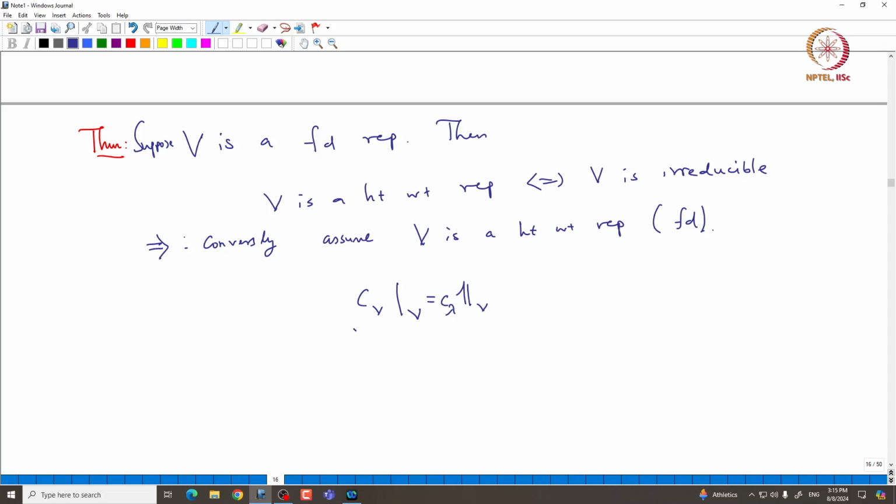So, this is already there. So, now if you choose V dash as before to be an irreducible submodule, this is a G submodule of smallest dimension. So, that forces this to be irreducible.